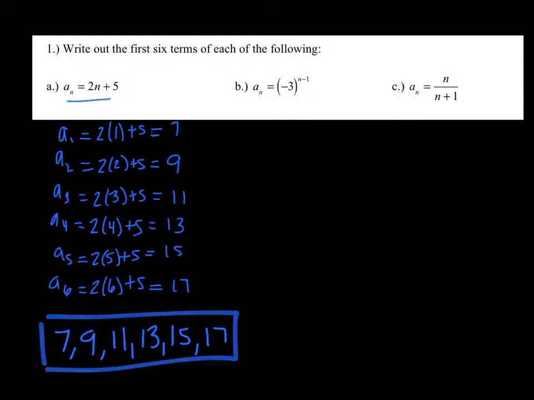So if we look at letter C, doing the same thing again, it's just that there are 2 spots to plug in your n value, or your term value.